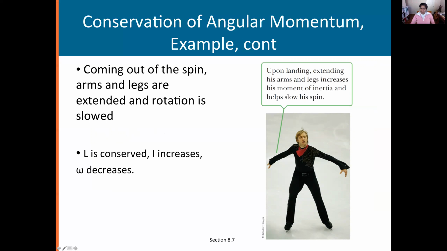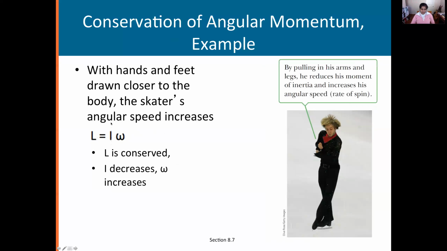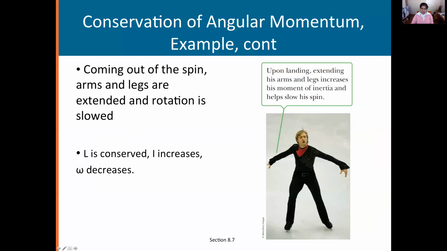Because it's that same L that's required. And now your I has become greater in that second diagram, and omega has become smaller correspondingly. So this is how conservation of angular momentum explains how things slow down when they rotate, or how they may speed up if you can change the moment of inertia of the object.